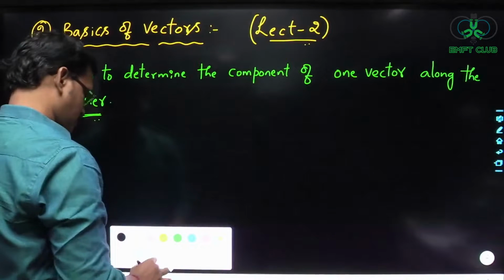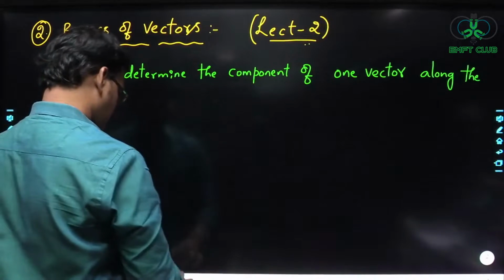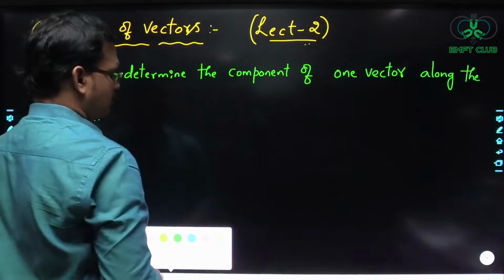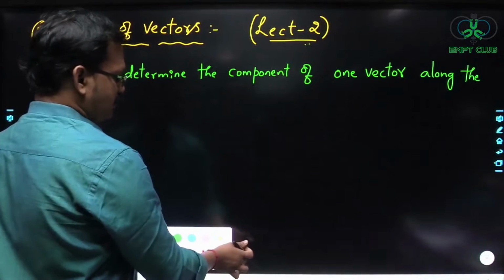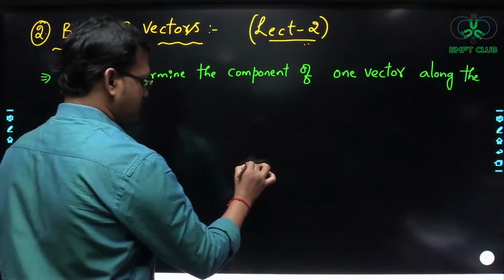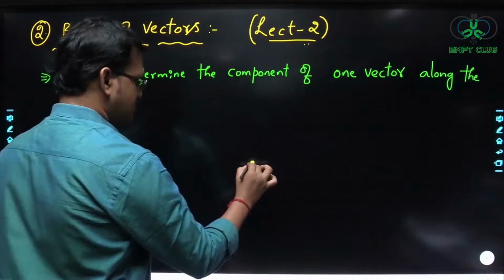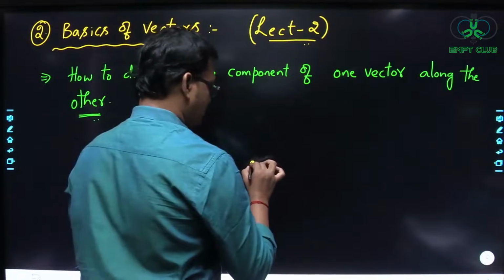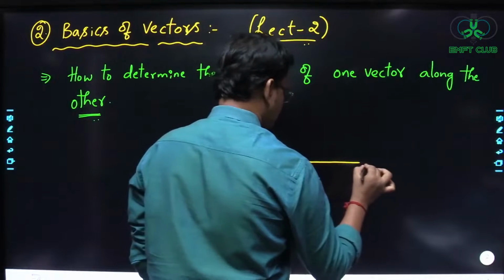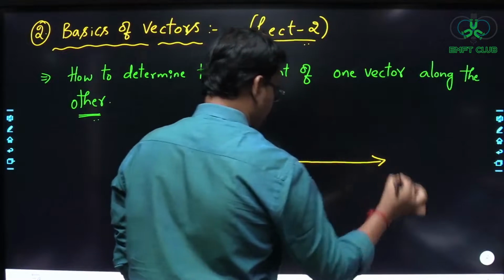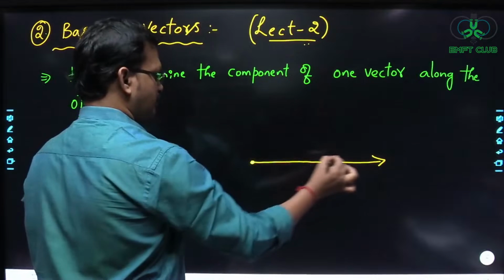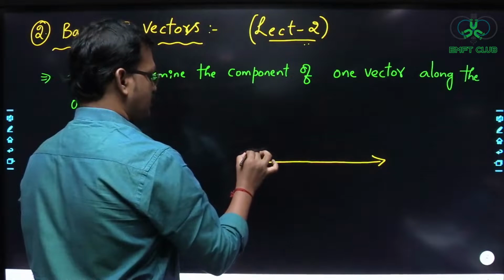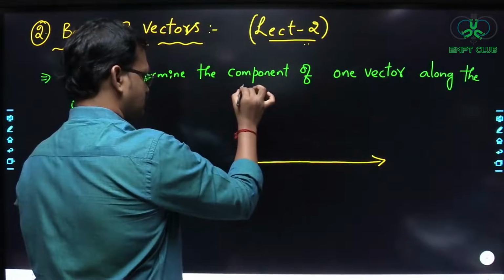So now see here. Let us consider some reference point. From this reference point I am drawing two axes, which are perpendicular to one another. Here I am drawing one axis and here I am drawing another axis like this.